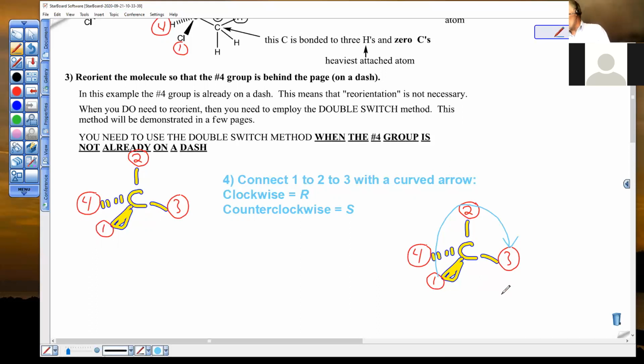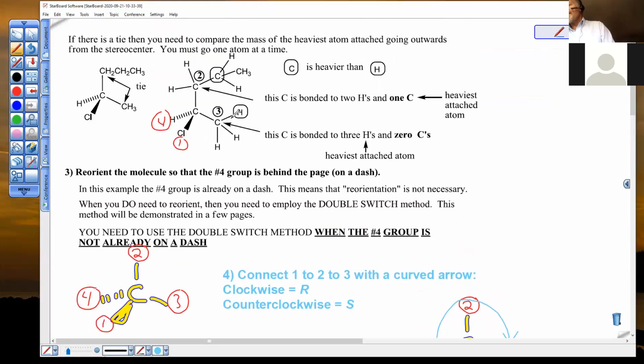And we call that R, and it comes from a Latin word, rectus, meaning righteous. If it was counterclockwise, it would be in the opposite direction, and it's from the Latin word sinister, S, would be counterclockwise.